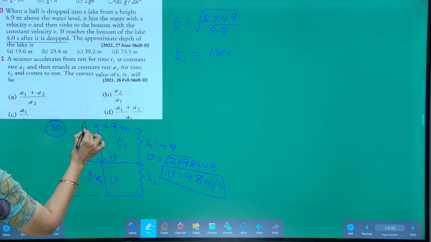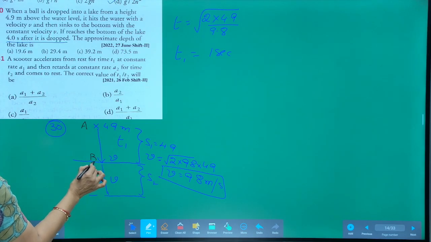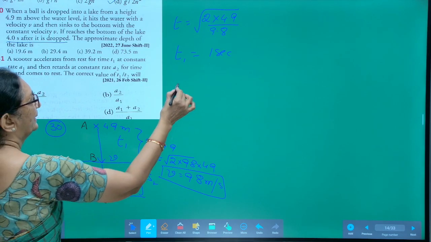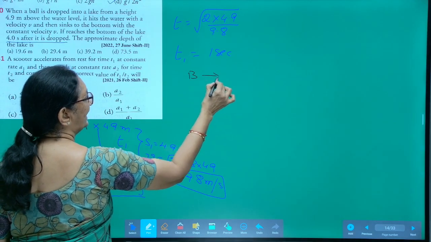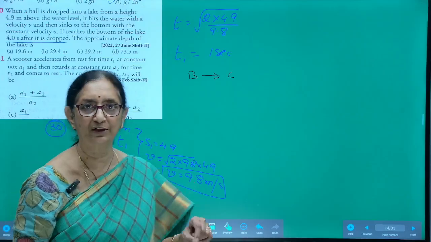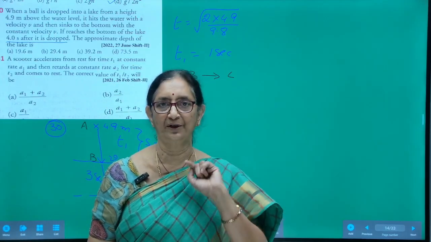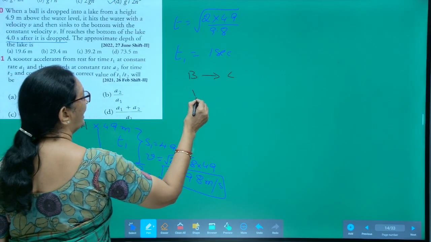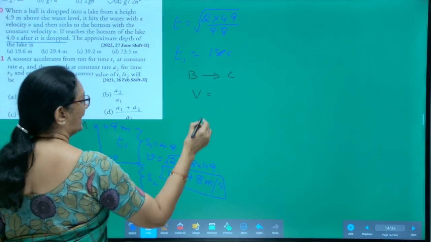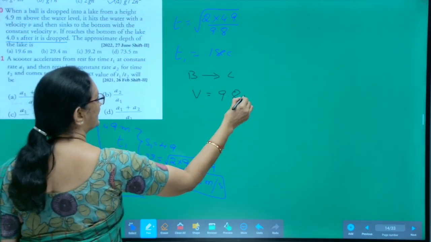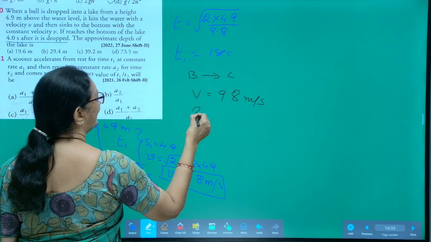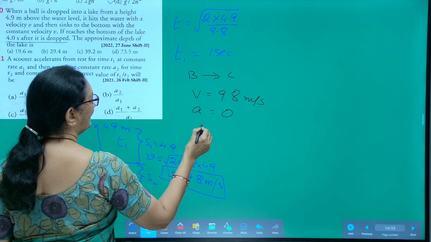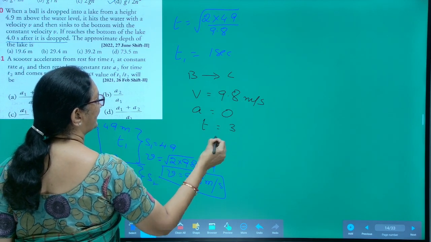So let us name this as A, this as B, this as C. B to C is the travel in water from top to the bottom. So you have to find that. Here velocity is 9.8 meter per second, acceleration is 0 and time taken is 3 seconds.